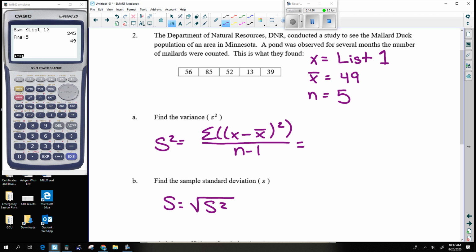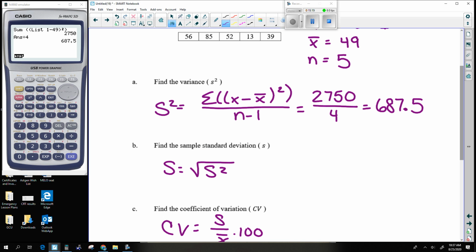So I can pretty much plug and chug into this equation right here. So the numerator is the sum, open, X, which is list 1, minus X bar, which is 49, closed, squared, closed, divided by N minus 1. S is just the square root of that.